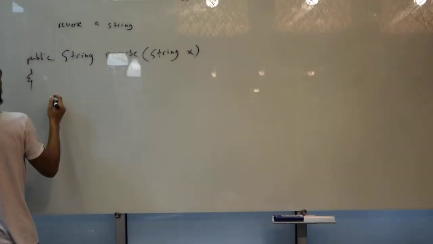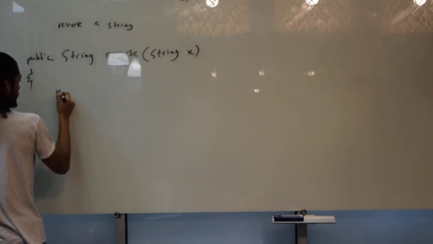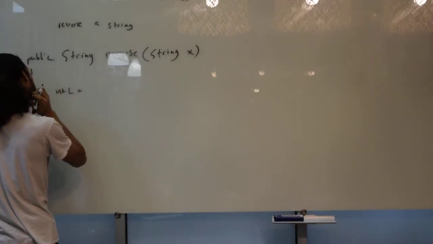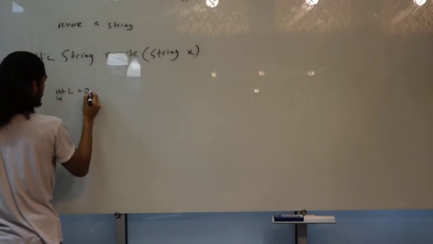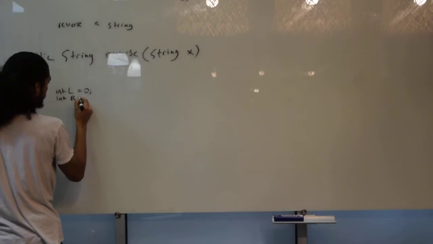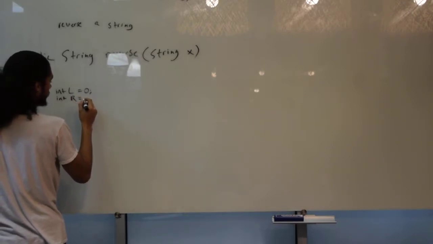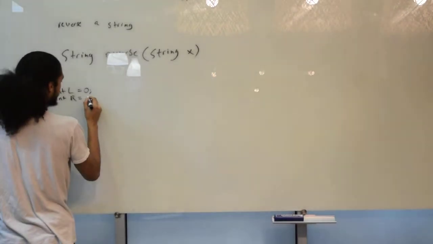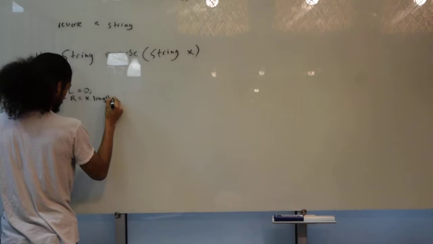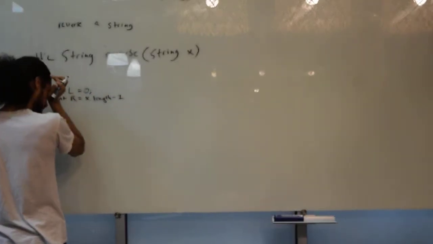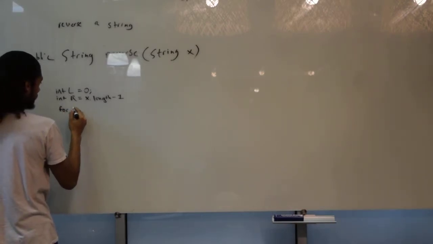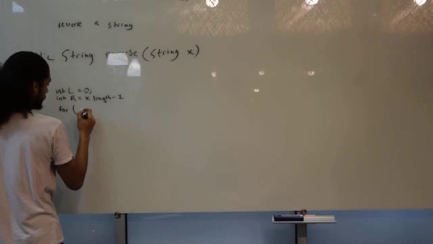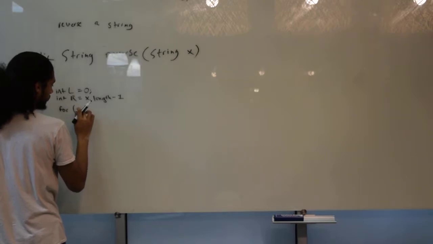Alright, so L equals 0. X dot length. While L is less than R, while.